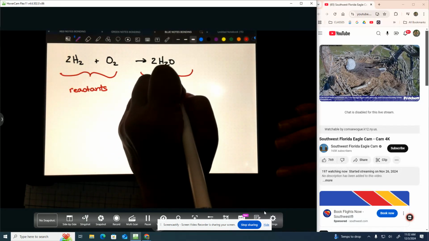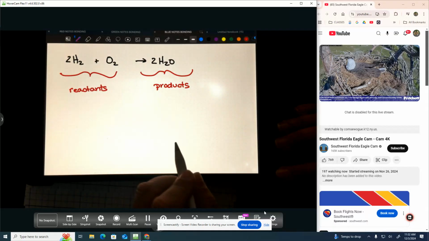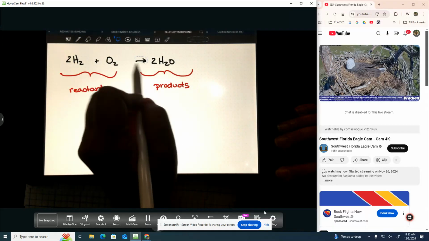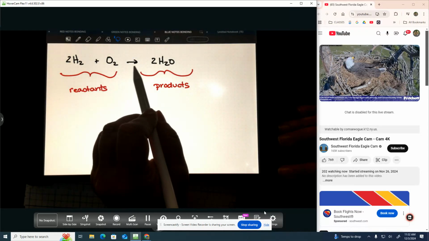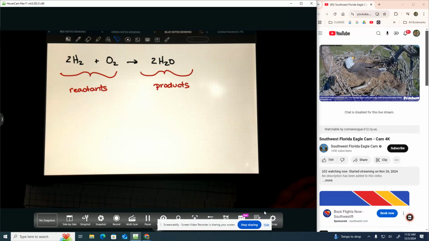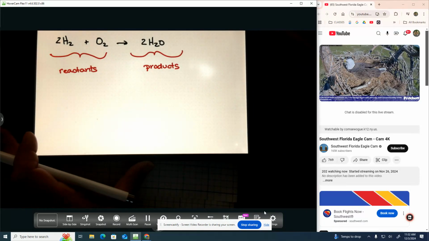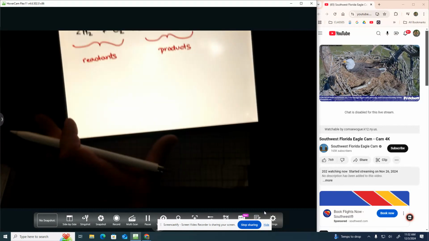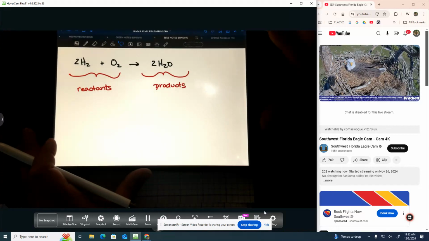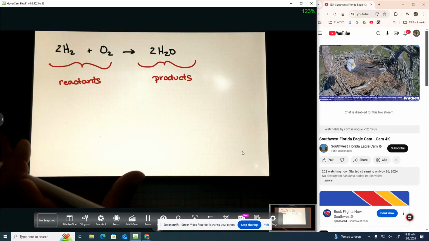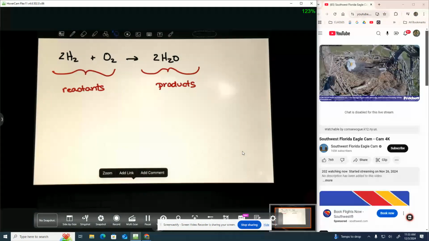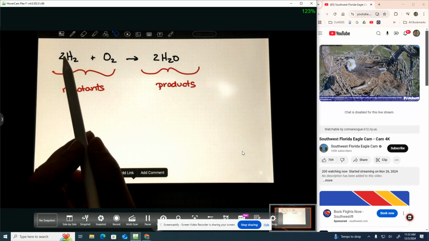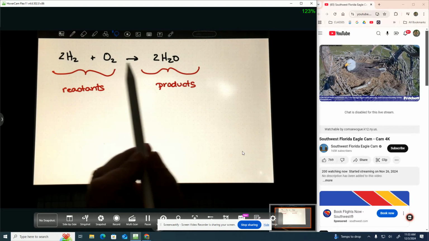These are called the products. The arrow is where something is happening. Can you see? Is that better? 2 H2, O2, H2O.